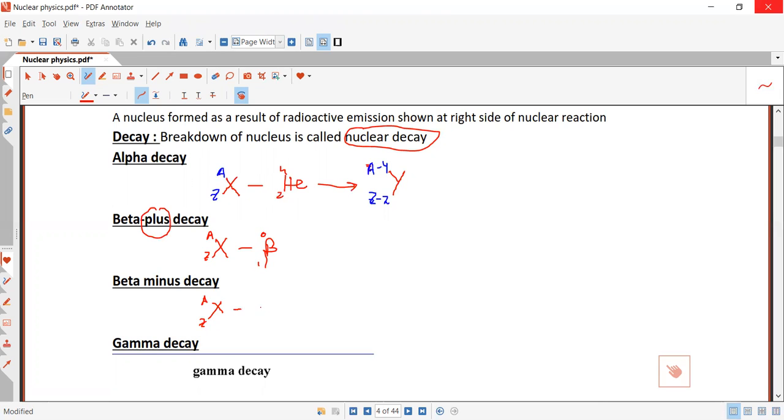And for beta minus, it's going to be minus 1, 0. Then the newly formed element is going to be A, Z minus 1 for beta plus, but A, Z plus 1 for beta minus.